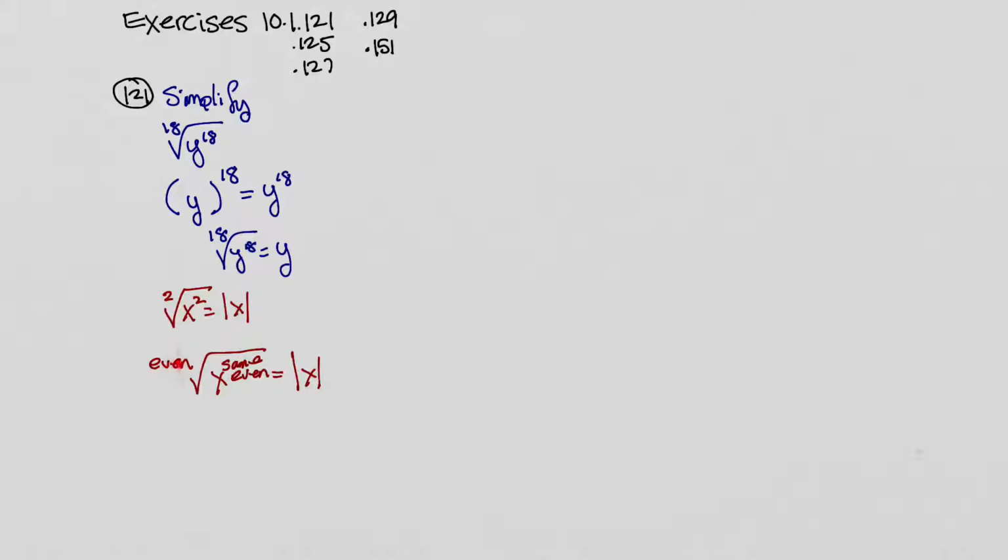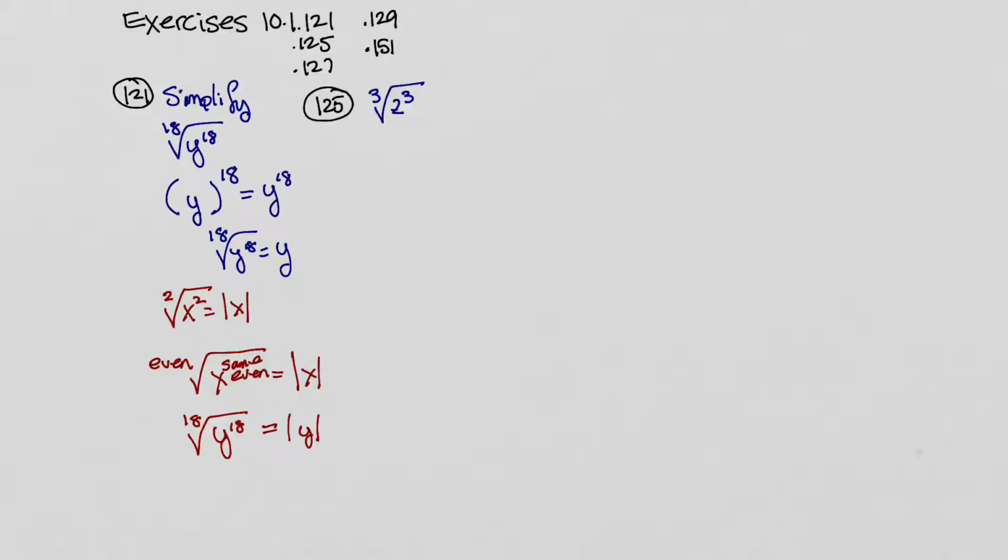We're looking at the 18th root of y to the 18, an even root of y, some variable, to that same even root. So the best we can do here is to write this as the absolute value of y.